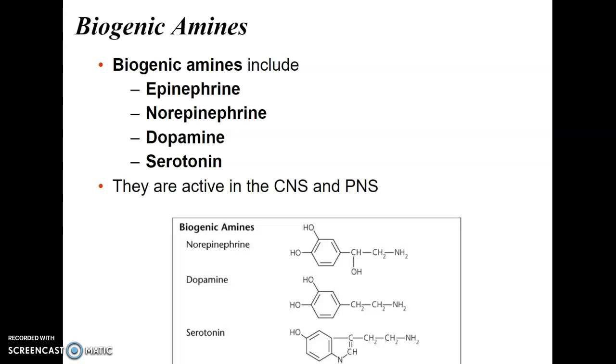And we all know these are important for certain disease conditions. Think of Parkinson's disease as a loss of dopaminergic neurons, and this is in the substantia nigra in the brain. Serotonin, low levels of that can cause things like mood disorders.